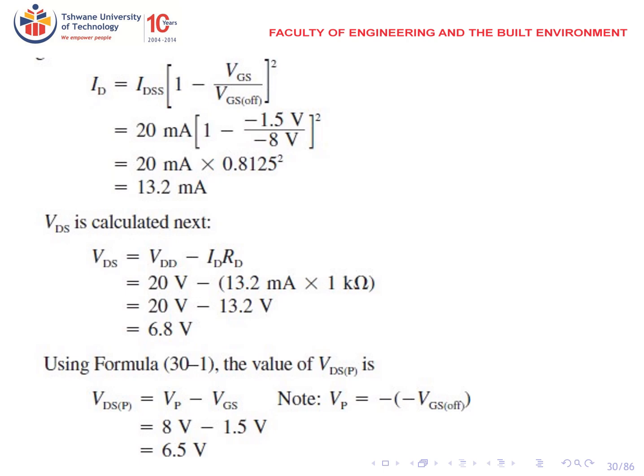We get 6.8. Using the formula in 30, the following values of VDSP can be calculated. VP minus VGS, 8 minus 1.5, gives us 6.5.